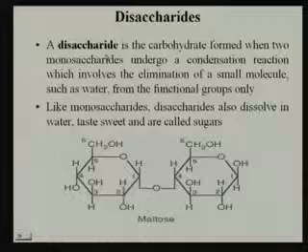That means a disaccharide is a carbohydrate formed when two monosaccharides undergo a condensation reaction which involves the elimination of a small molecule such as water. That means when such bonding occurs, it releases one molecule of water from the functional groups only. Like monosaccharides, disaccharides also dissolve in water, taste sweet and are called sugars. And this is one of the examples.